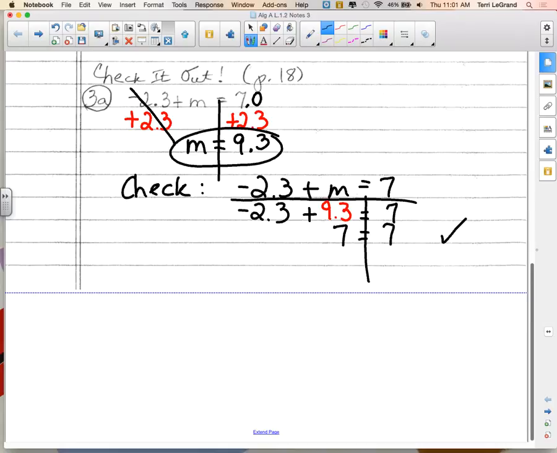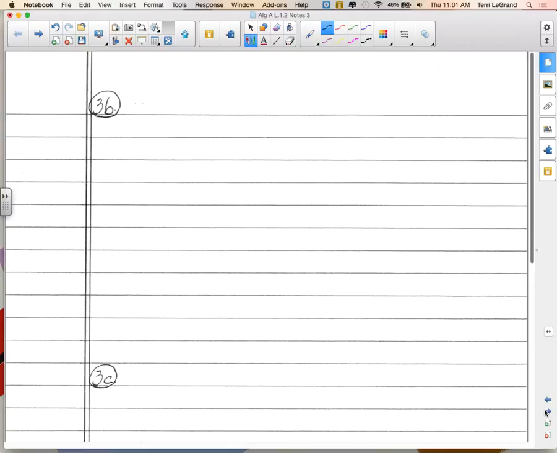So any part of that we don't understand? Questions? Go to the back side then. Write down the equation that we have to solve for 3b.